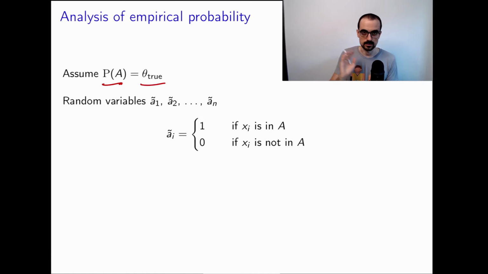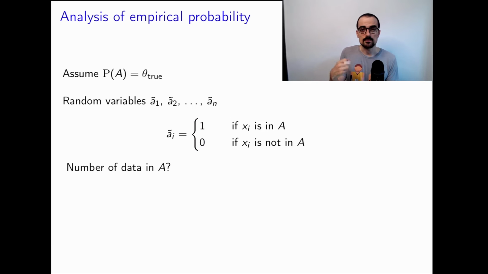We get to observe some random variables that are equal to 1 or 0. If the random variable is equal to 1, that means that the data point is in the event of interest. And if the random variable is equal to 0, then that means that the data point is not in the event of interest.